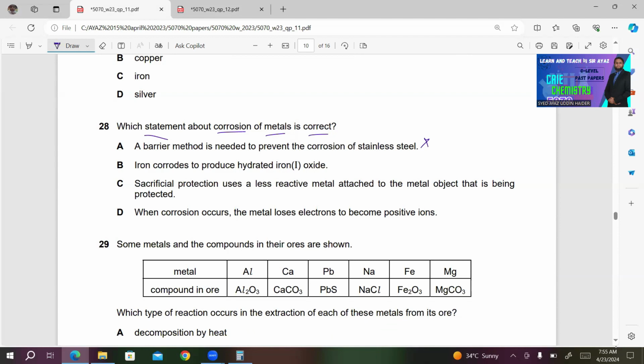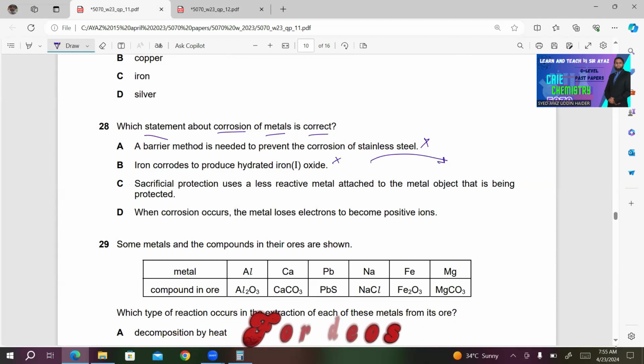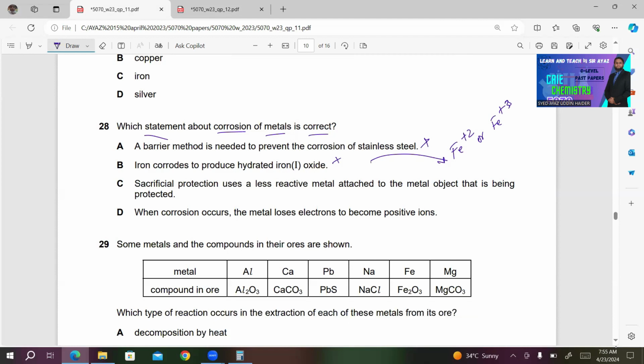B. Iron corrodes to produce hydrated iron monoxide. This is wrong, because iron exists as either Fe2+ or Fe3+. So it will form either iron(II) oxide or iron(III) oxide. Usually it forms iron(III) oxide during corrosion.